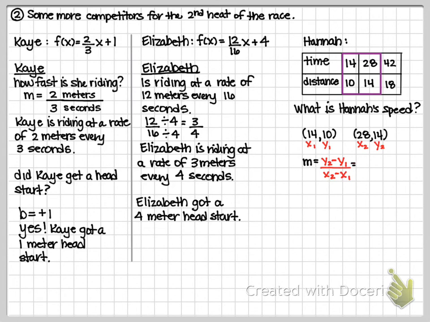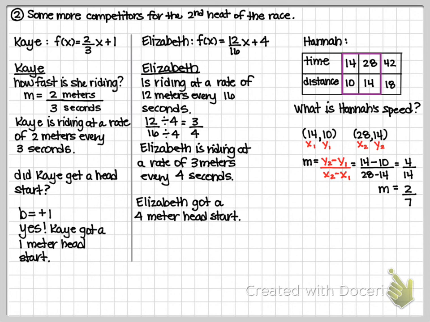Now I'm just going to plug in stuff where it goes. So 14 minus 10 and 28 minus 14. If I subtract those, I'll get 4 on the top. Don't have a problem with that subtraction at all. And then I will get 14 on the bottom. I am going to simplify that though. 2 goes into both of those evenly.